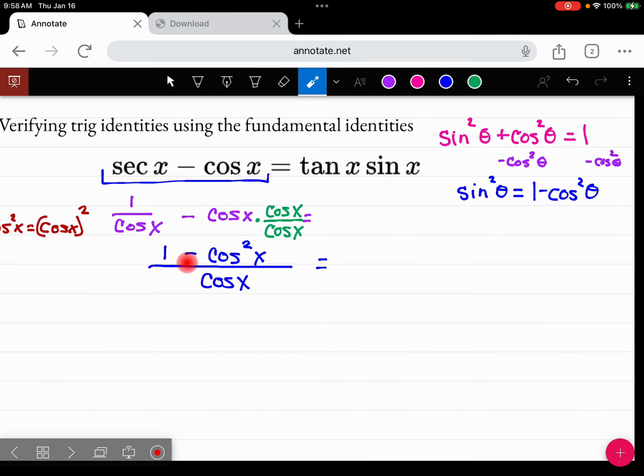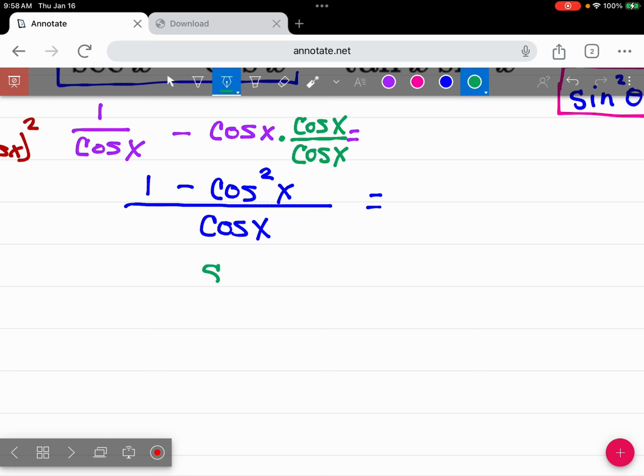Well, I have 1 minus cosine squared. So we can substitute this piece out for our sine squared. So I can rewrite this as sine squared x over cosine of x. So it's a substitution using the Pythagorean theorem. So now I've gotten rid of that subtraction.